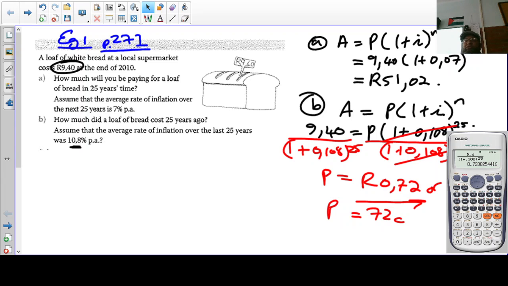Population growth is also compound interest. Okay? Because that's a year by year increase in number or decrease. Okay? So for population growth is also compound formula. So you can do for me exercise 12.6 as well.